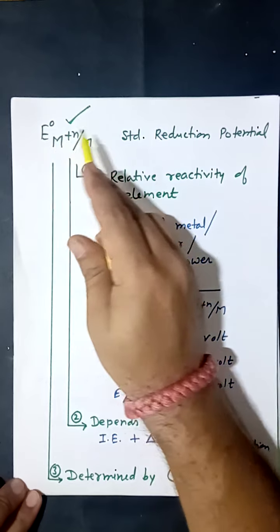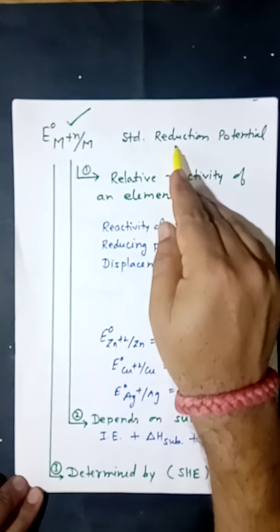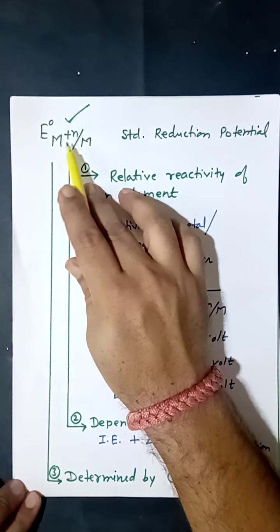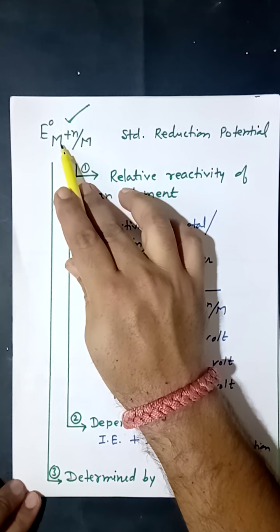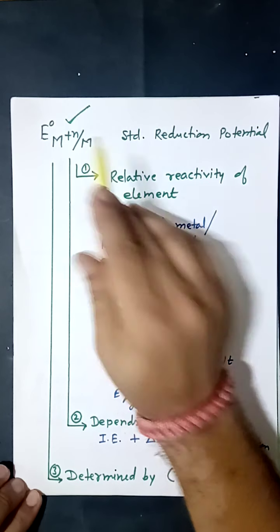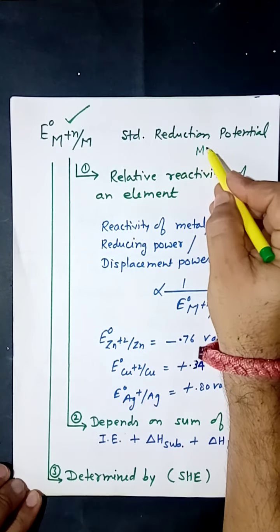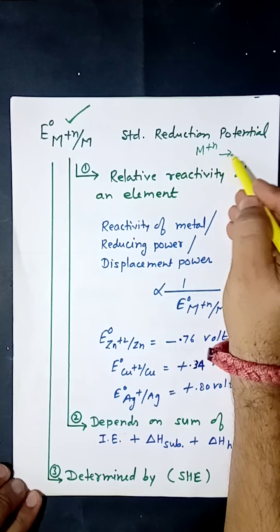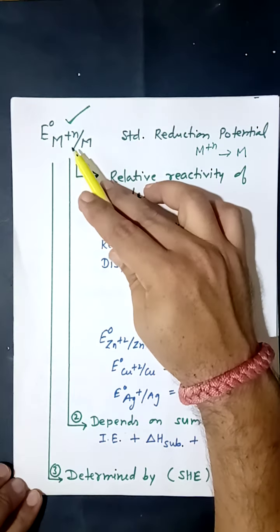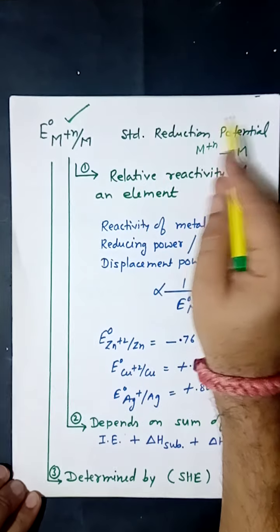And this is pronounced as standard reduction potential. Because this reflects the reduction reaction, here positive N charge metal converts into M. So this is for the reaction M^n+ converts into M, which is a reduction reaction, and therefore this is known as standard reduction potential.